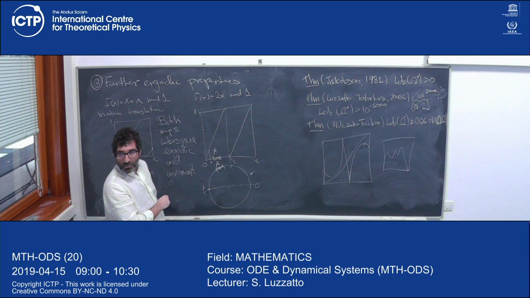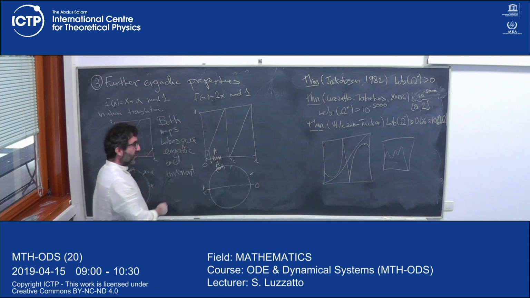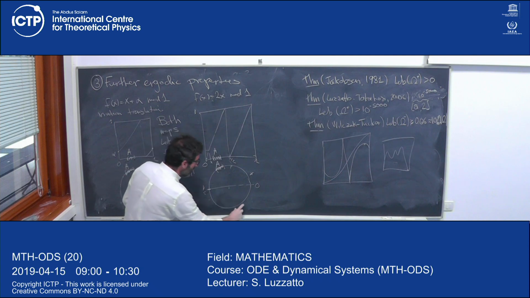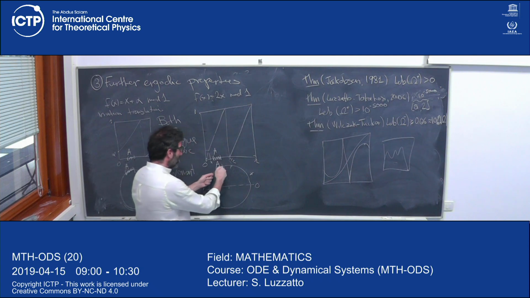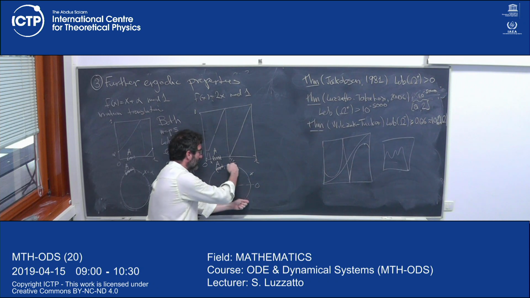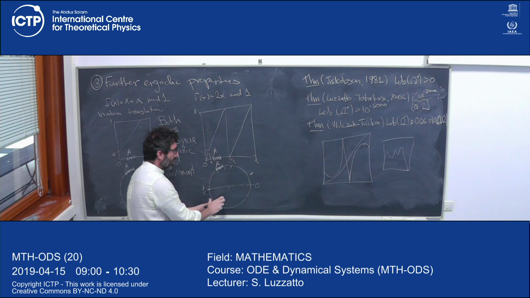So if you remember the dynamics of 2x mod 1, this point is doubling. It's not jumping here and jumping back. This point is doubling in size, and then it's doubling in size again, and again, and then some points will come back, some others will be left behind, and these points will keep doubling in size.